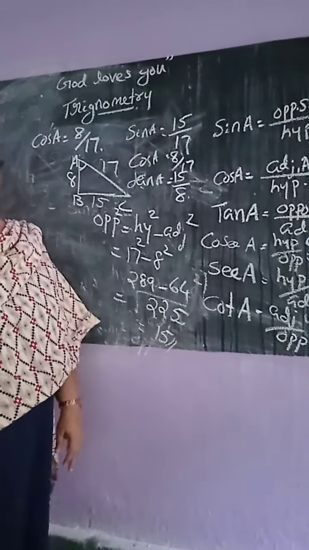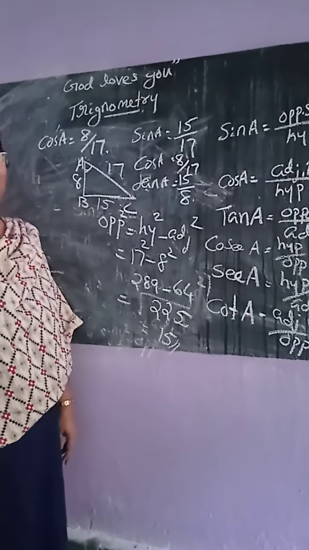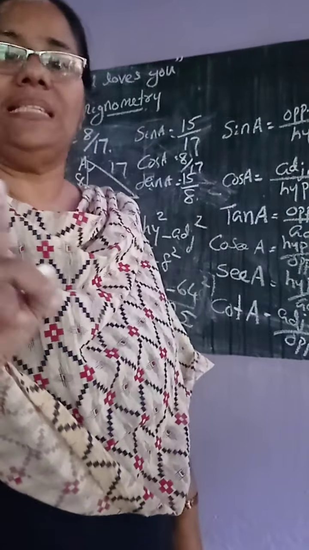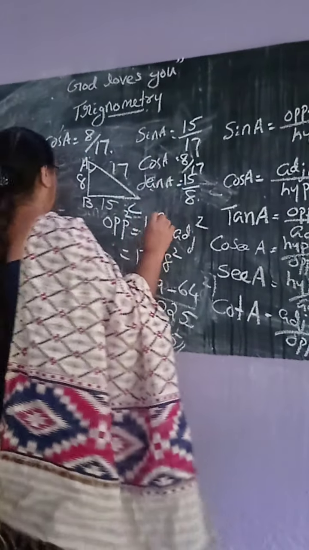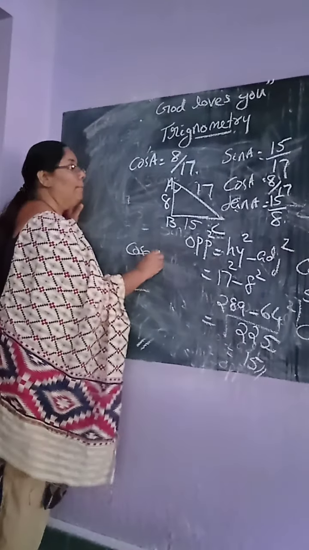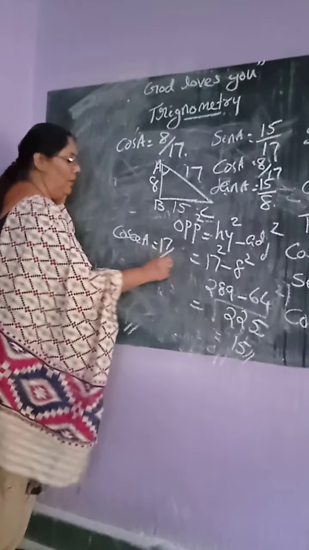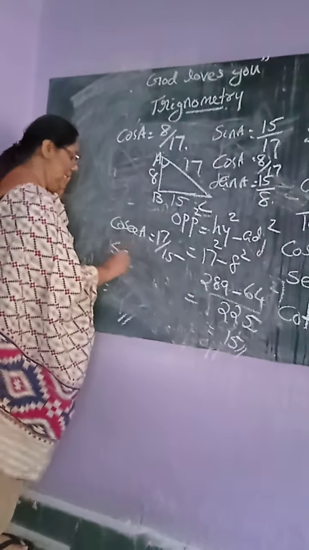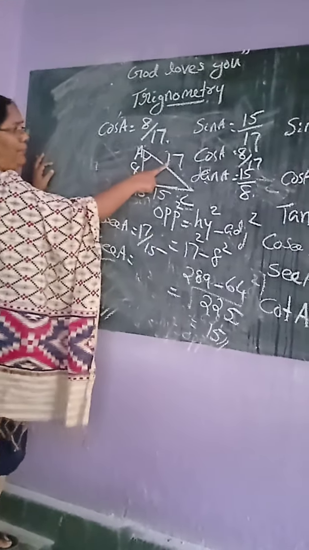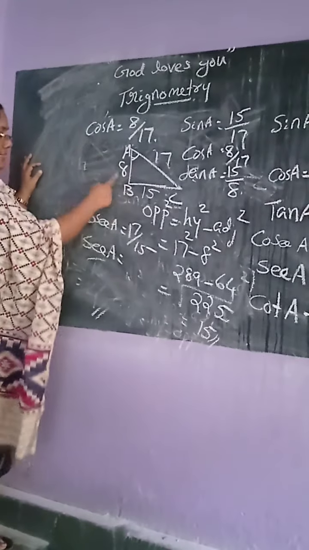That is 17 cancel, 15 by 8, or you apply the formula opposite by adjacent: 15 by 8. Now, how can you write cosec A? Cosec A is the reciprocal of sine, that is 17 by 15. Sec is the reciprocal of cos, or you write the formula: sec is hypotenuse by adjacent, 17 by 8.